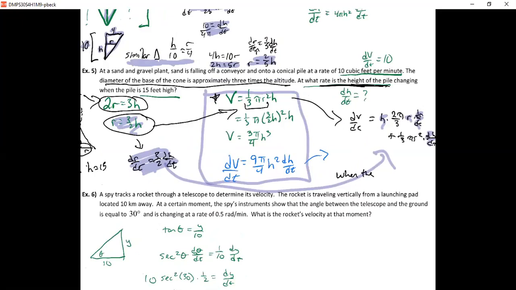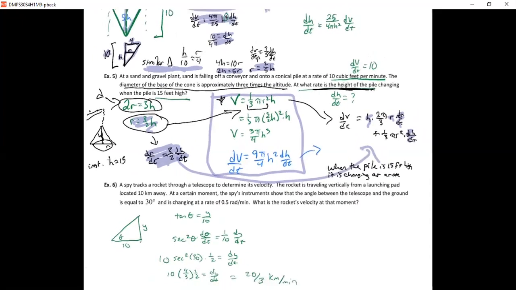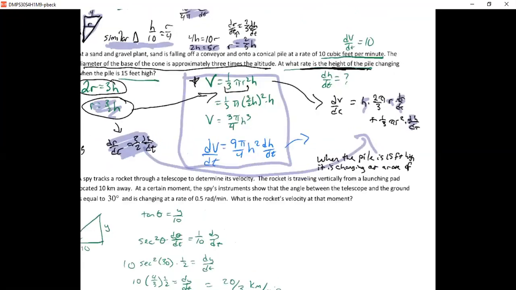When the pile is 15 feet high, it is changing at a rate of, and it also occurs to me that for some reason I don't have that answer here.